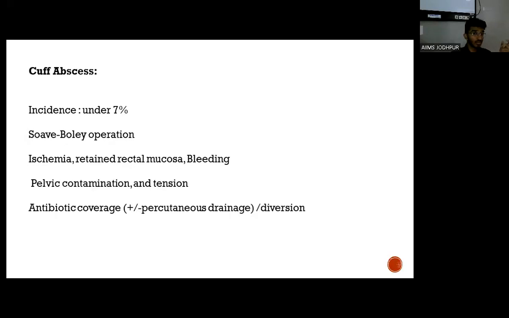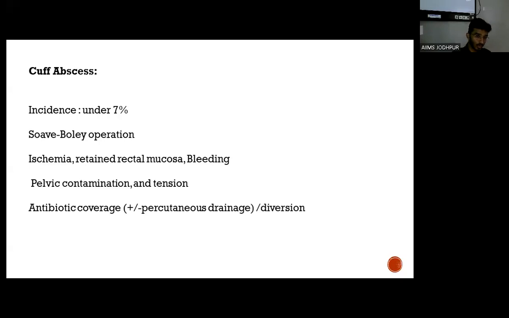Cuff abscess is something which is formed between the muscularis layer of the cuff and the pull-through segment, and it is mainly, as we know, following the Soave operation.